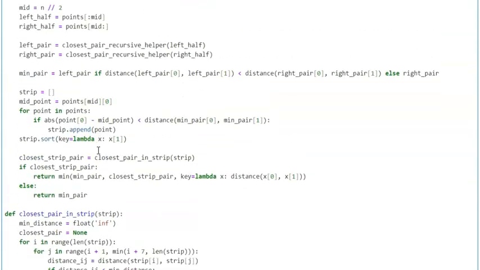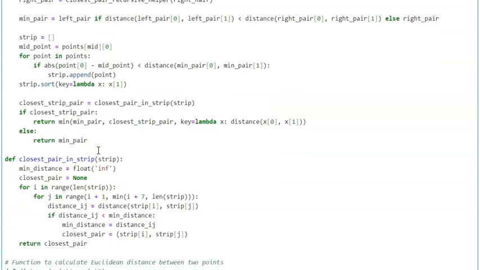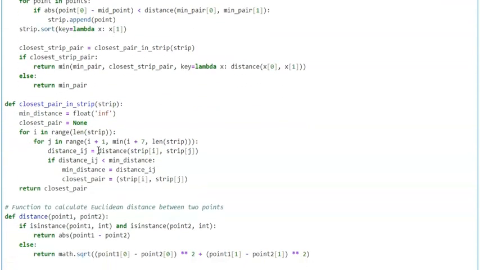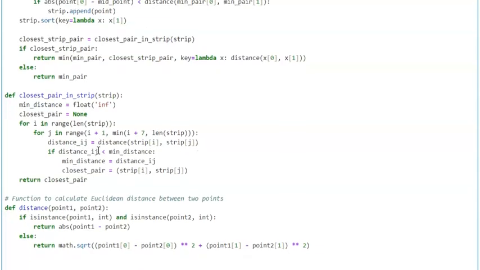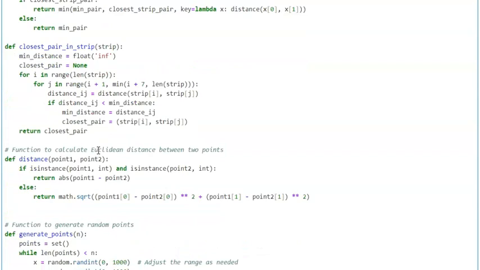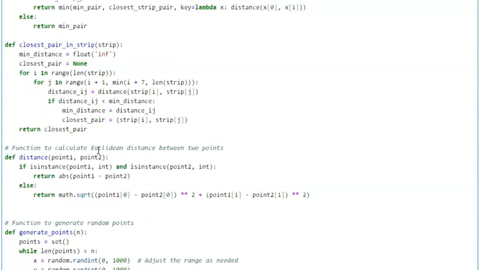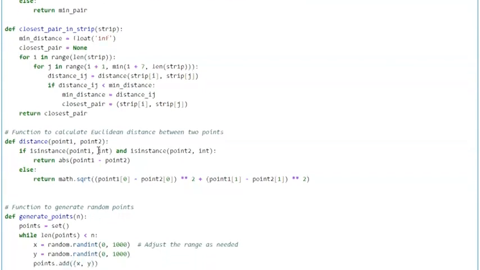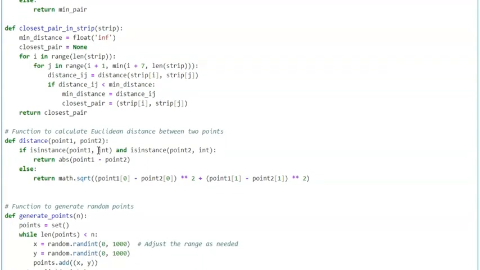Apart from it, the generate points function is used to create random points for the input. We didn't give the input ourselves; we designed the input cells. Then we have a function to measure the runtime of an algorithm, which helps show how much time it is taking for the time complexity.